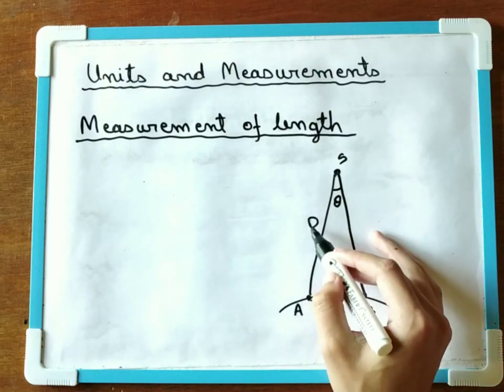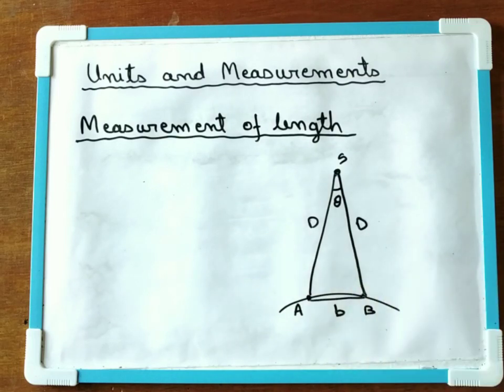Remember, you'll have to find out this D, the distance of the distant planet from the surface of the Earth.